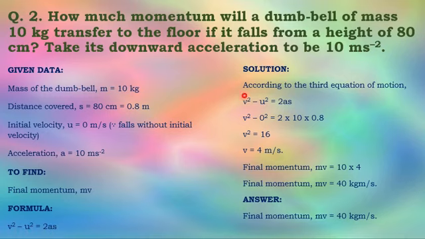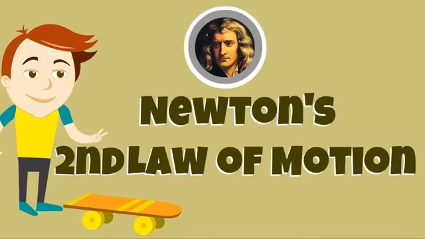We are using this formula because we know u, a and s, but we don't know v. By using this equation of motion, we find v is equal to 4 meter per second. By using the value of v and the value of the mass, we can find the final momentum to be 40 kg meter per second.